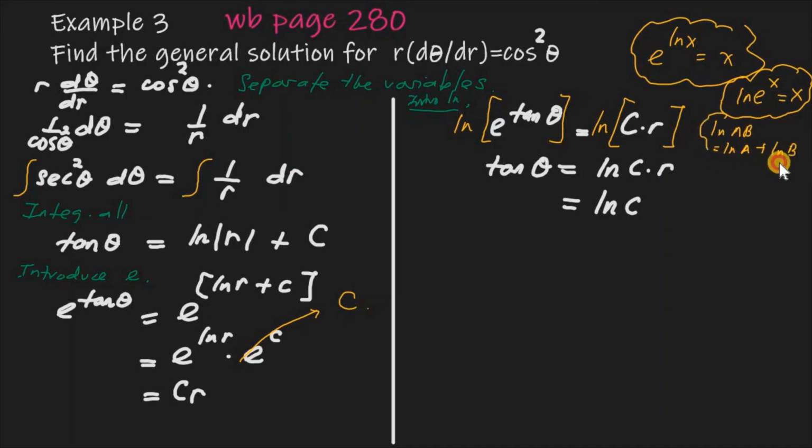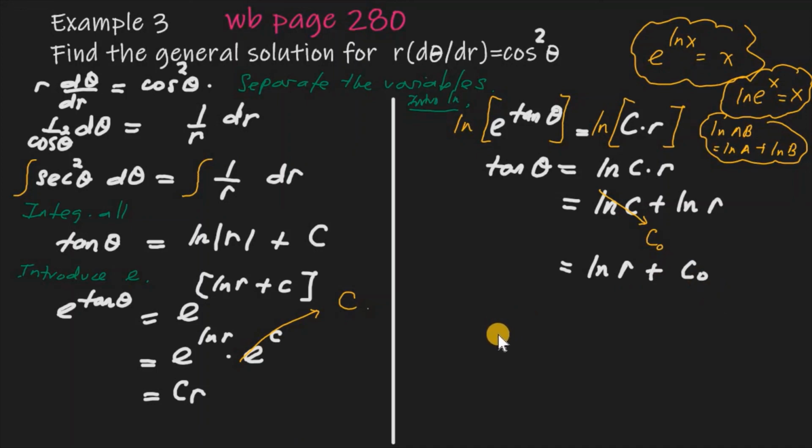If you want to separate the constant, so that it becomes ln c plus ln r. And ln c is a value of constant. I call it maybe c0. So we have tangent theta being ln r plus c0.